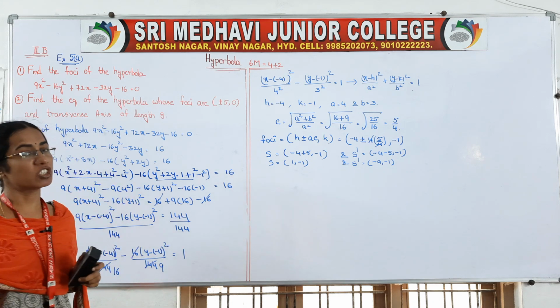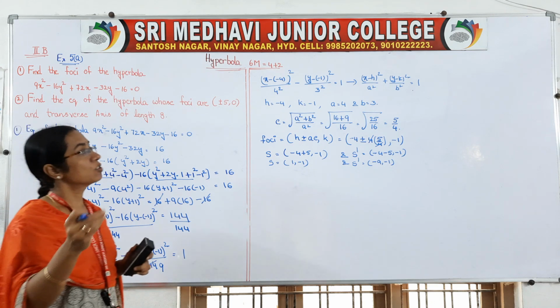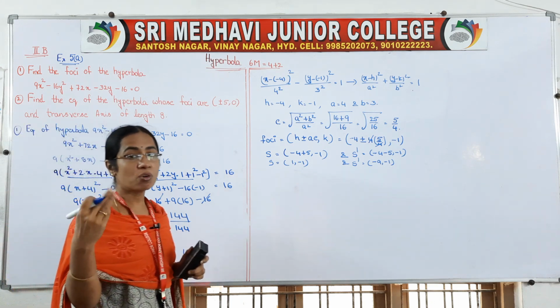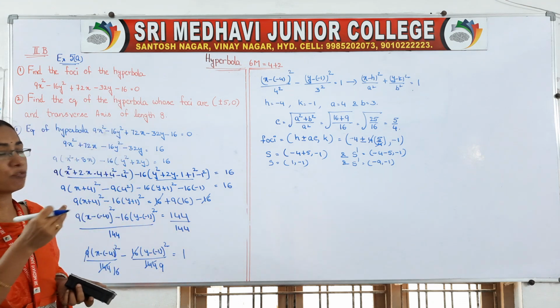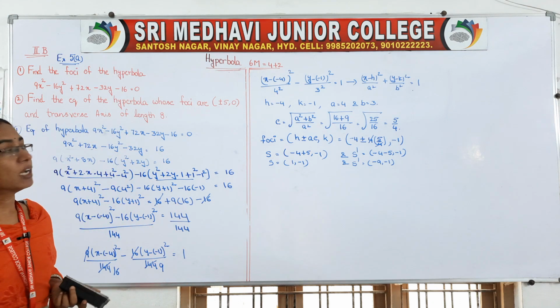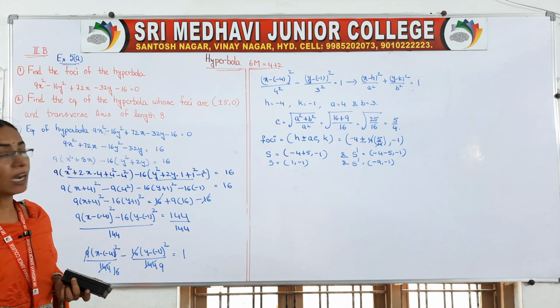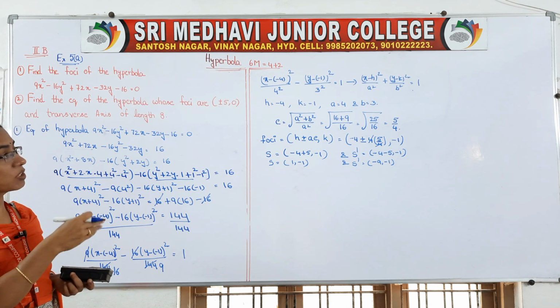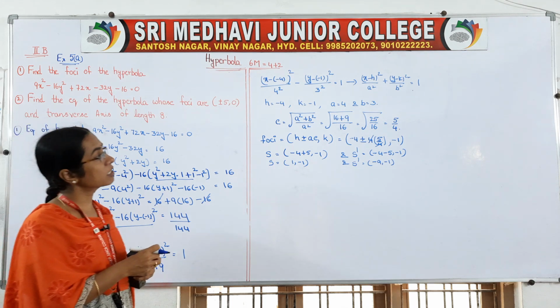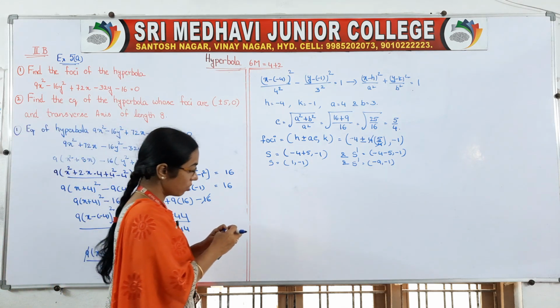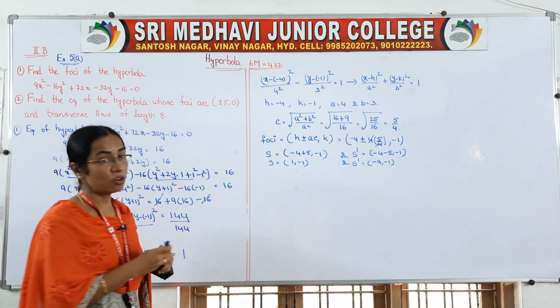Once we know which type of case, we know all the formulas of eccentricity, directrices, foci, equation of directrices, and latus rectum, all those things we can write by using the formulas. After the reduction, you will know your h value, k value, and a value, b value.